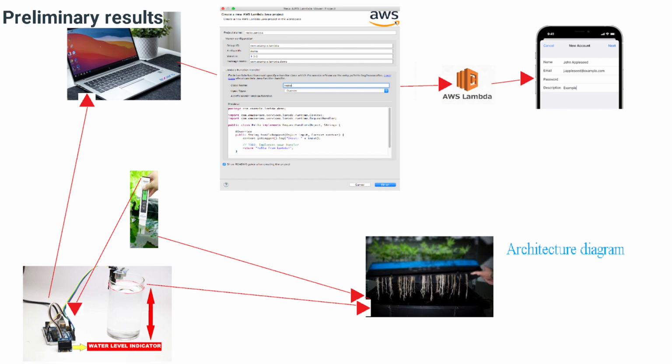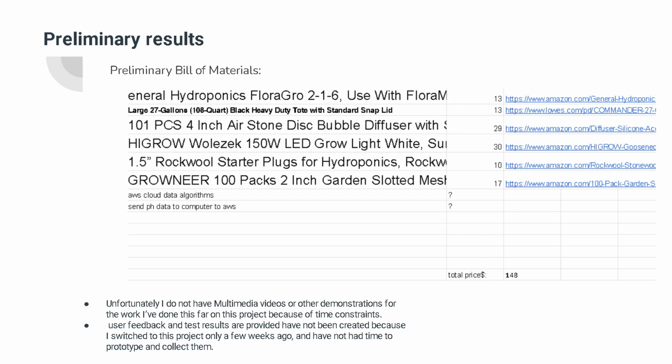You could just send an alert if something's wrong. You don't want to be getting an email every single hour. And then I have a preliminary bill of materials, with the different nutrient solutions and the different things to put the seeds in.